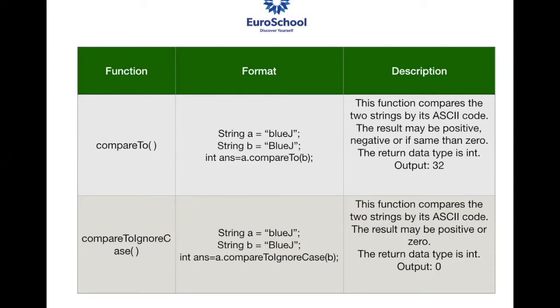If you remember, the ASCII value of small b is 98, which is higher compared to capital B, which is 66. You are supposed to take the difference of it.